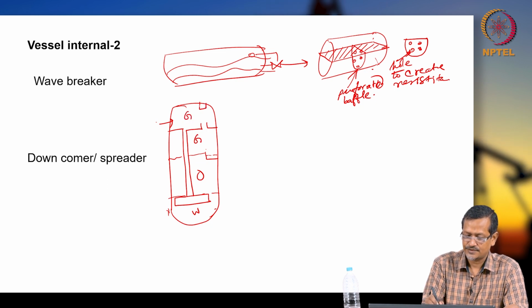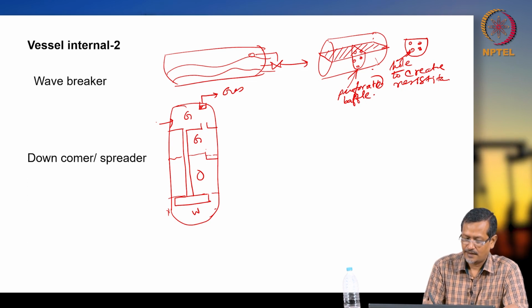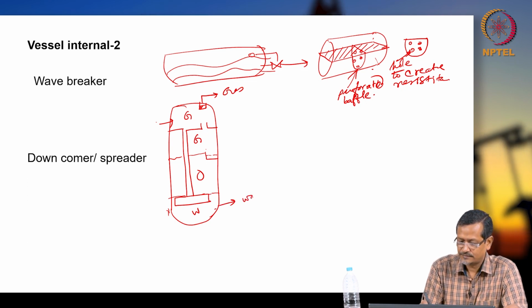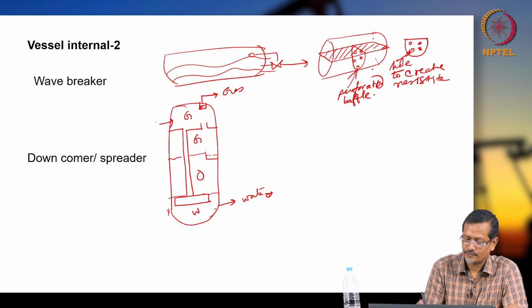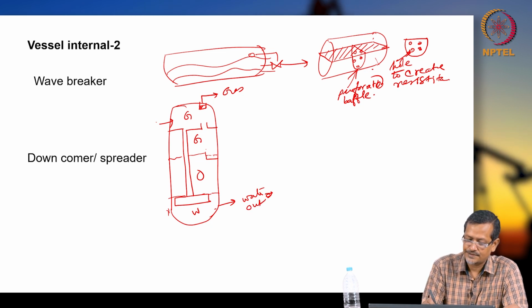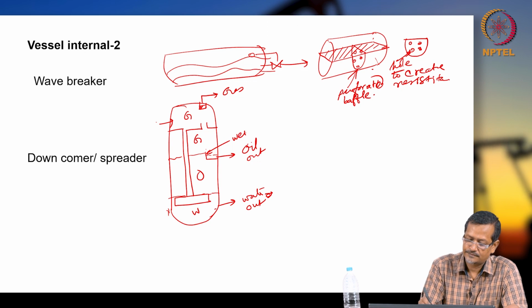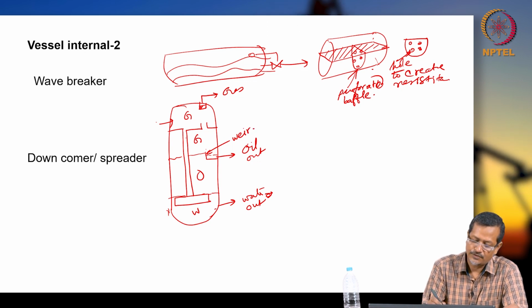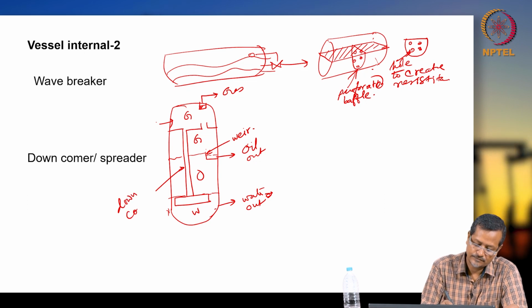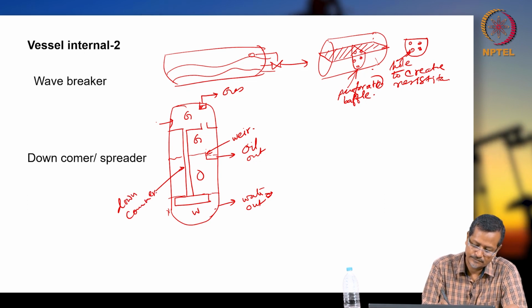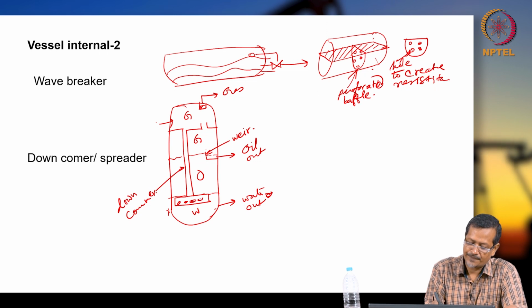This is also gas, the mist extractor, and water out. This is oil, this is called the weir. This is called the downcomer. This long pipe is called the downcomer, and this is called the spreader.